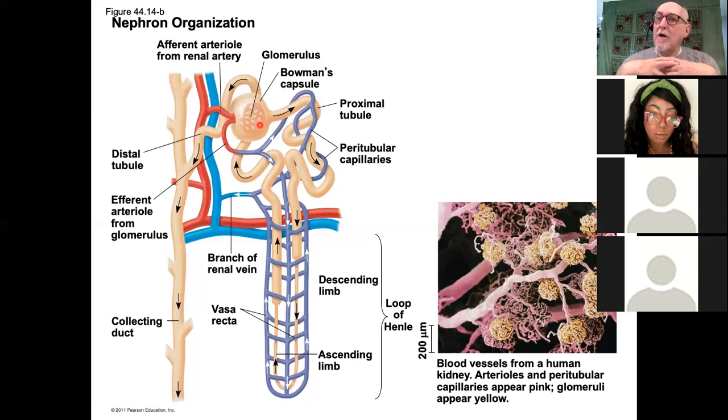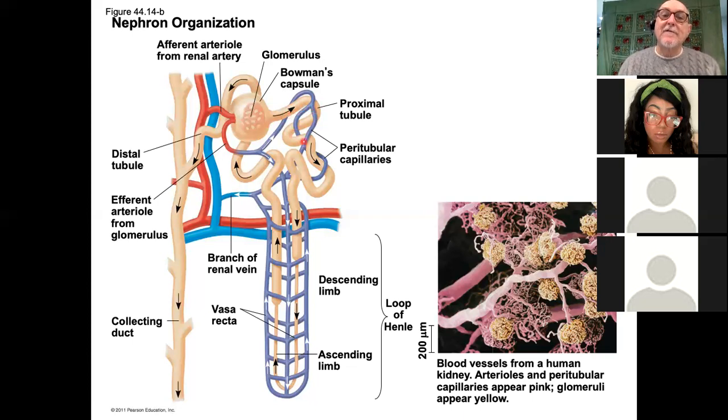But a lot of stuff actually passes across the walls of the arteriole together with the fluid. And that includes all our urea, the waste product, but it also includes very useful things. It includes things like nutrients. It includes glucose. All of these sorts of things also pass across here into this fluid.